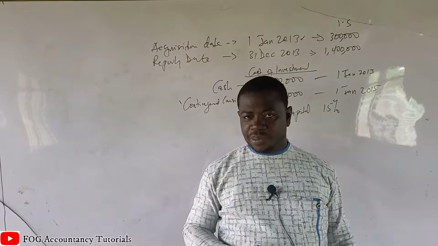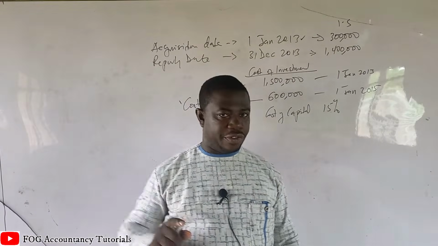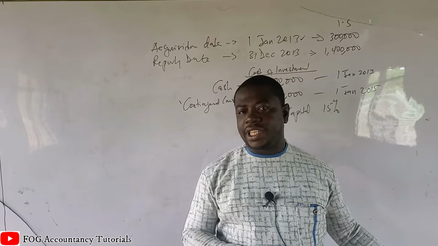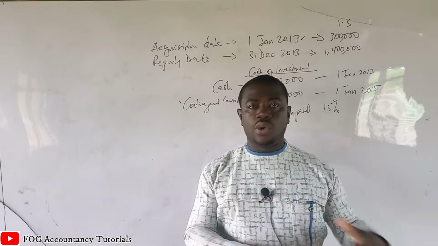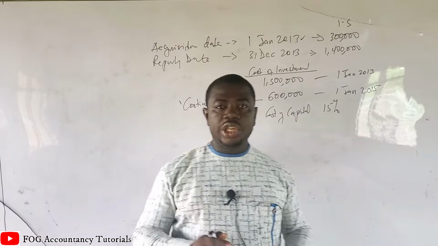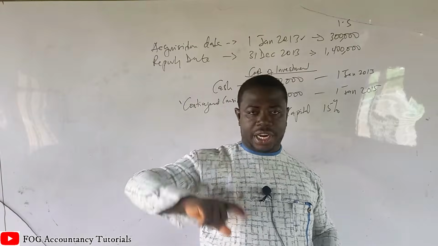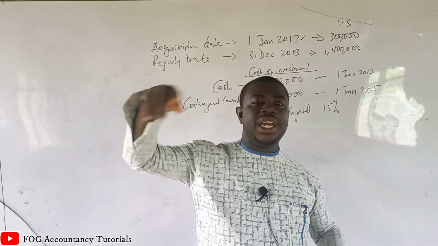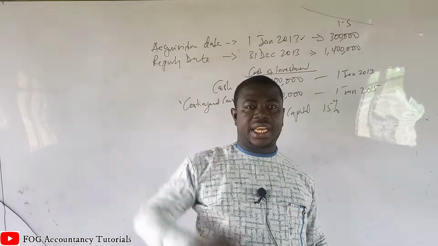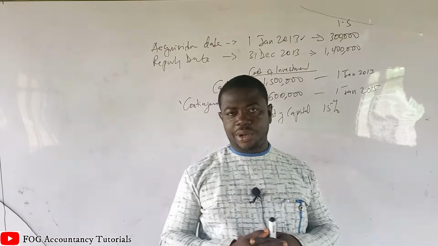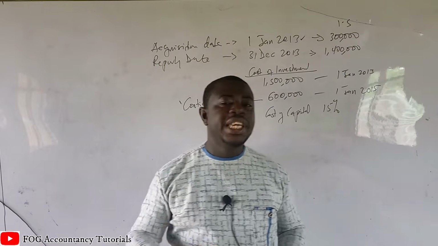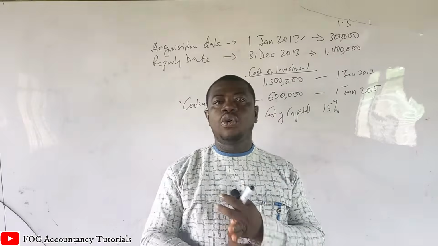Now, what could this be? We cannot cancel out 400 and 500. If we do that, the statement of financial position that we are going to consolidate will not agree. So what we need to do is that we can only cancel out 400 and 400. That means there will be a remaining 100 that will be left under the current asset of the subsidiary, which is supposed to be either cash in transit or goods in transit.